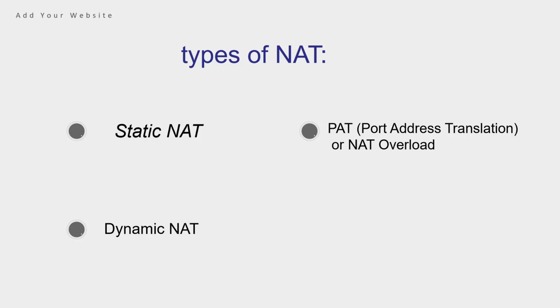After that you have PAT, or overload. It's when you map private IP addresses to one IP address. So you will use maybe a single IP address, let's say your gateway address, as your PAT.